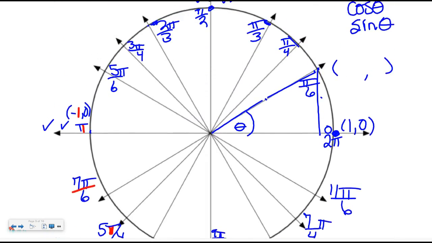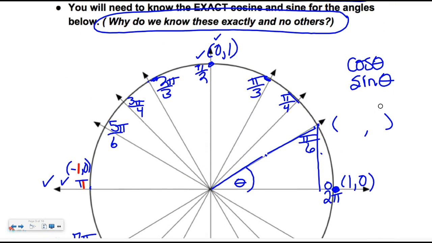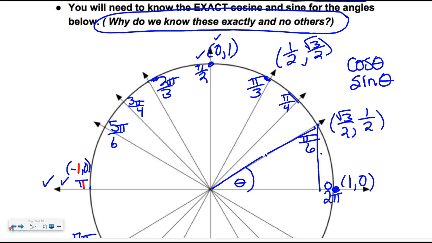So there's my quadrantal ends, and then for the other ones, I always just memorize that the sine of pi over 6 or the sine of 30 degrees is a half. Then I go to this one and I say, well, this one's the flip. The other part of it is root 3 over 2. So I just do that. I know you guys make reference triangles and stuff. That always works. It's great.